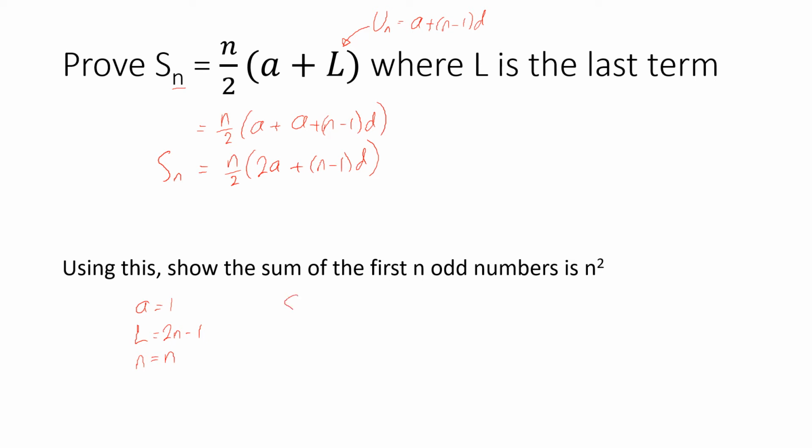If we plug that into our formula, so we're saying Sn is n over 2 times a plus l, then that's going to give us n over 2 times 1 plus 2n minus 1, which is n over 2 times 2n. The 2's will cancel, and we'll end up with our sum to n is just n squared.